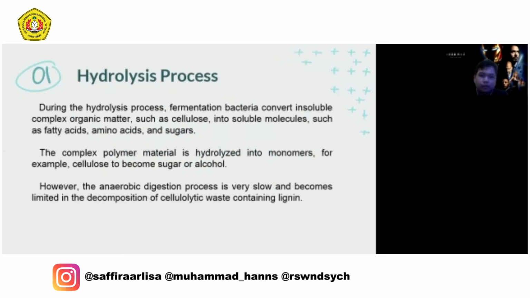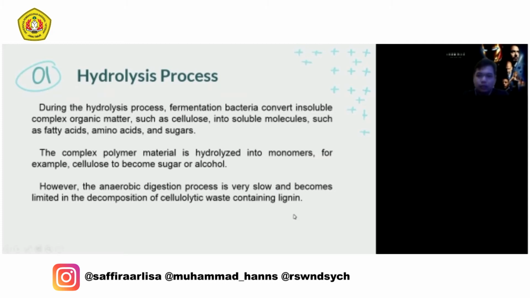During the hydrolysis process, fermentation bacteria convert insoluble complex organic matter such as cellulose into soluble molecules such as fatty acids, amino acids, and sugar. The complex polymer material is hydrolyzed into monomers, for example, cellulose becomes sugar or alcohol.